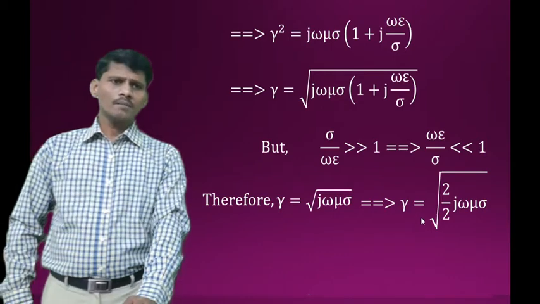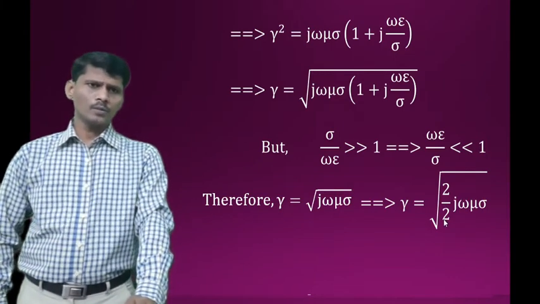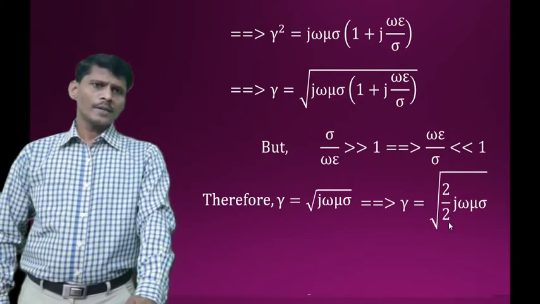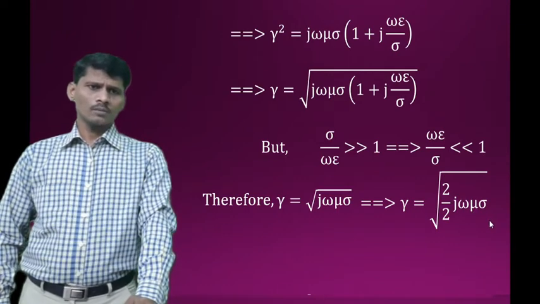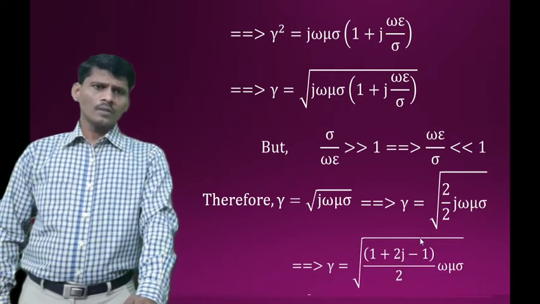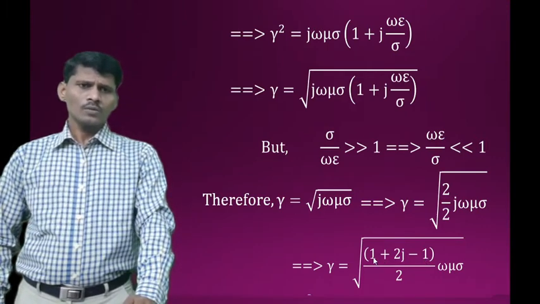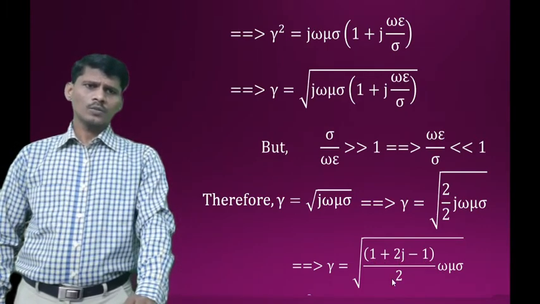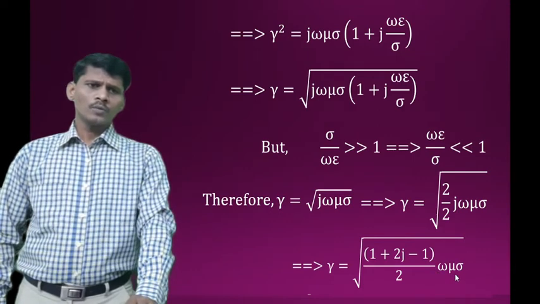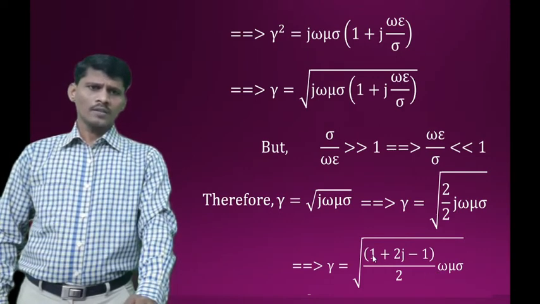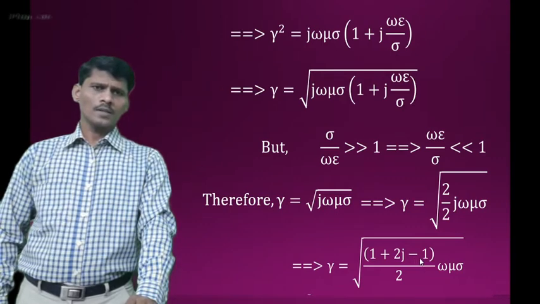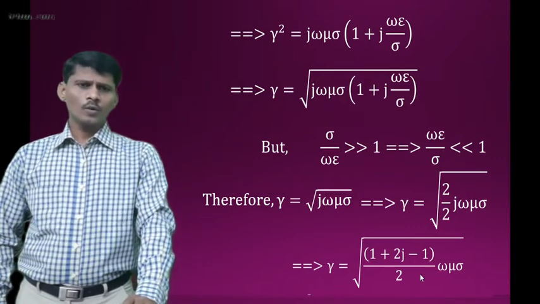Now here, multiplying numerator and denominator by 2, we get 2 by 2 into j omega mu sigma, and in the numerator adding and subtracting 1, we have square root of (1 plus 2j minus 1) by 2 into omega mu sigma. In the numerator, 1 plus 2j minus 1 is written as (1 plus j) whole square.